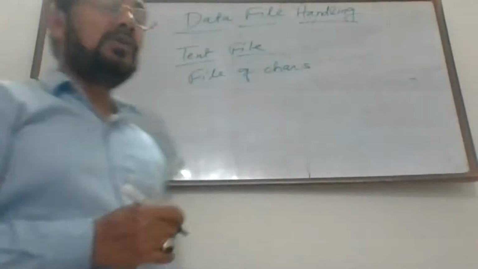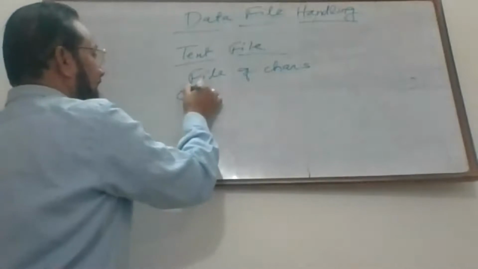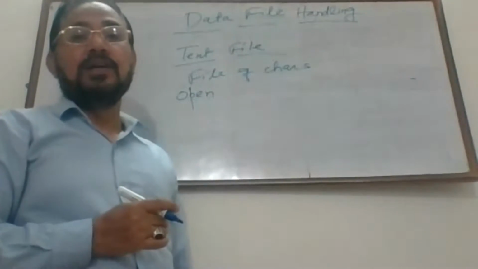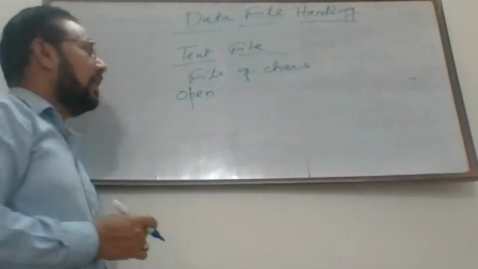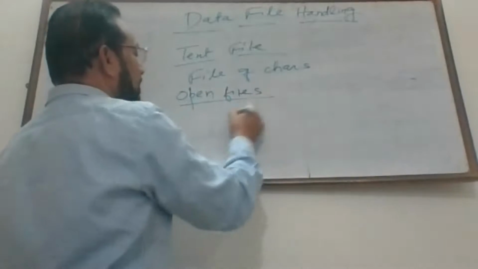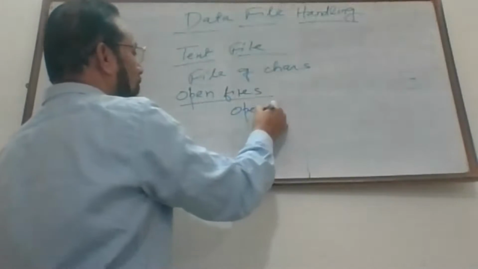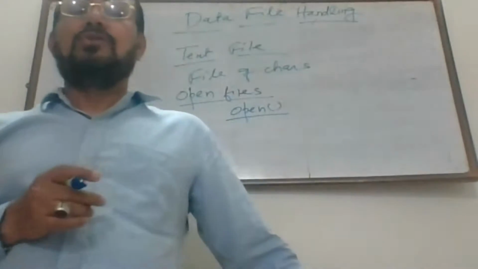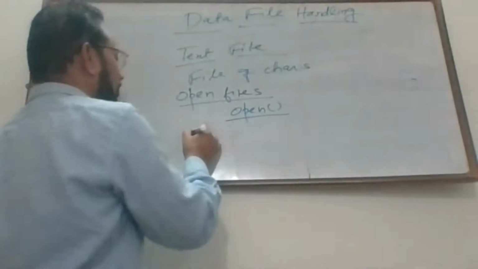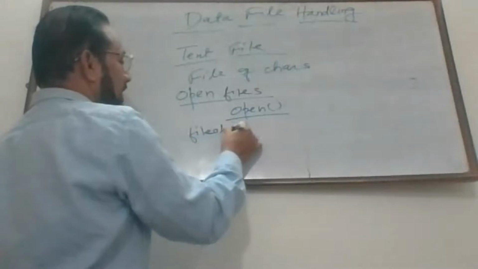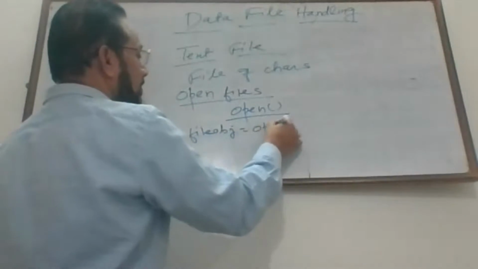Before I go to read and write of text file, I will teach you how to open files. For that purpose, we have already used the function open. To use open, you have to write a file object, and then you have to use open.